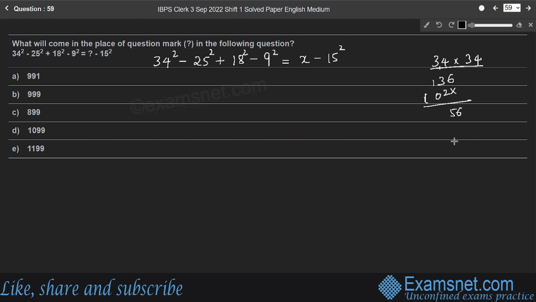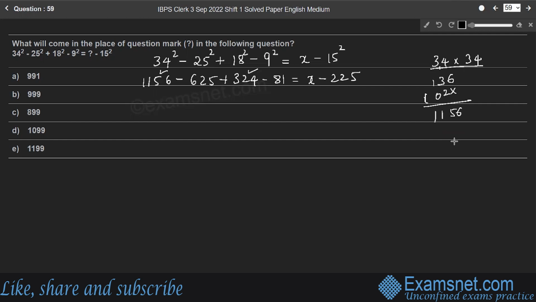It is 1156. 1156 minus 25 square is 625, plus 18 square is 324, minus 9 square is 81, is equal to x minus 225. 15 square is 225. Therefore, x is equal to, you can add and subtract the parts.